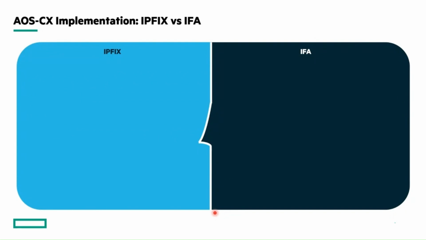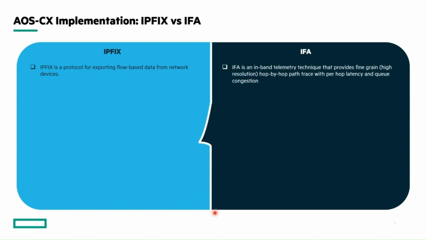Now, since we have two very close competitors, or two modern technologies, to compare to each other, here is a brief comparison between IPFix and IFA. IPFix is a protocol for exporting flow-based data from network devices, whereas IFA is an in-band telemetry technique that provides fine grain, which means high resolution, hop by hop path trace with per hop latency and queue congestion.